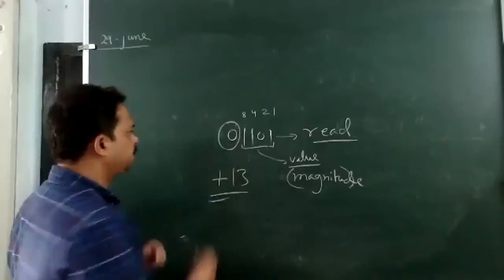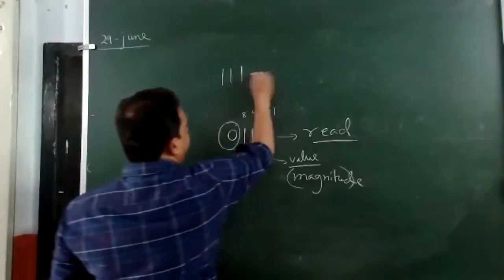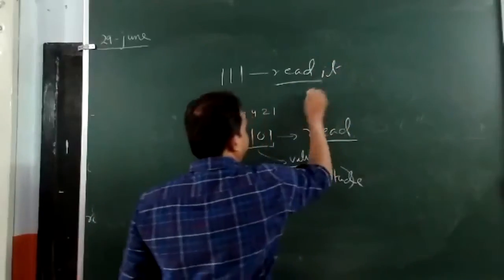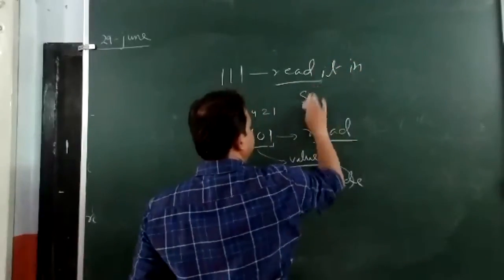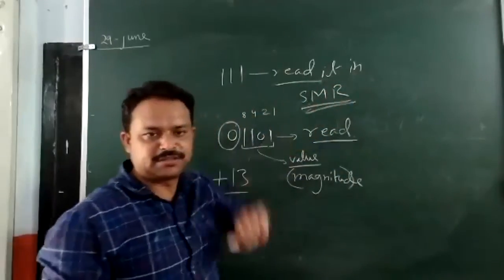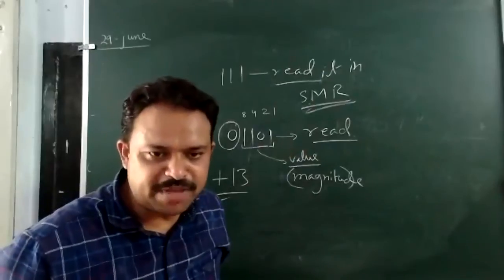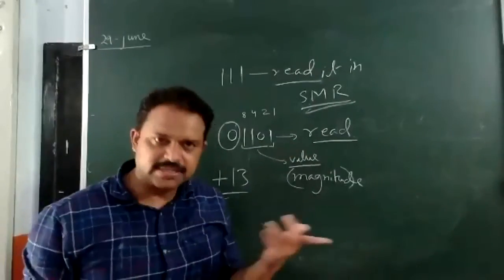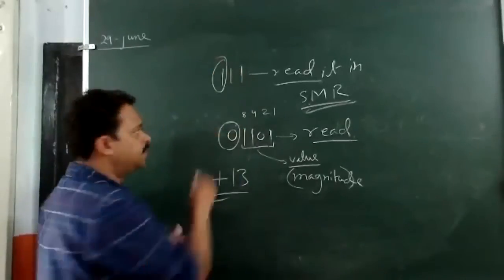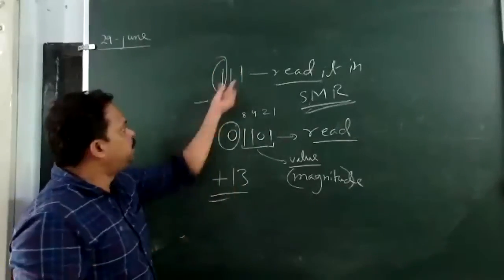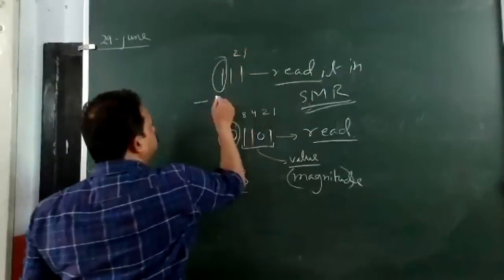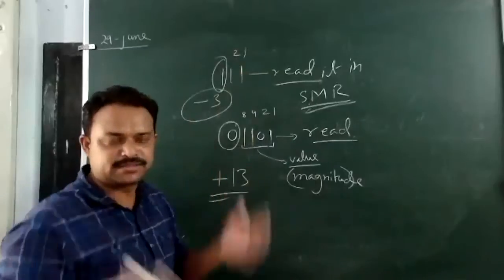If I say 111, read it in sign magnitude representation. Anushka Gupta is telling me minus 3. Why? Sir, 1 bit is reserved for the sign bit, so minus, and 2 bits are for the value, 1 and 2, so minus 3 is the answer. Correct.